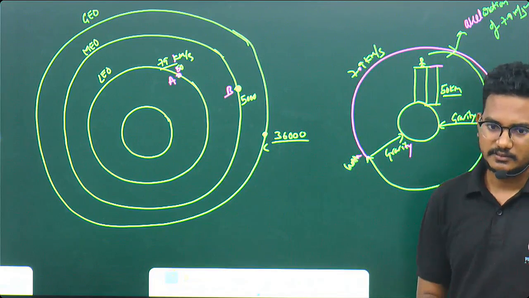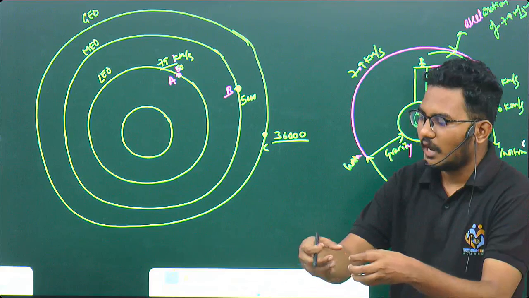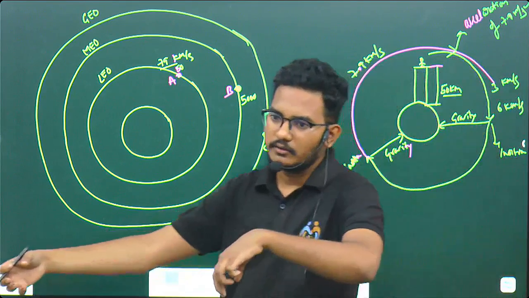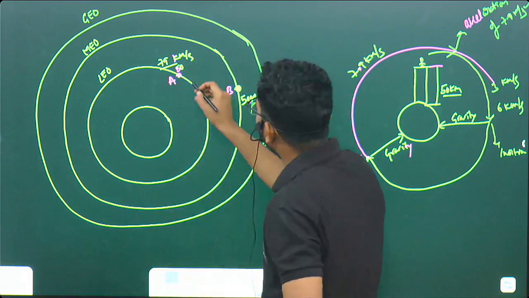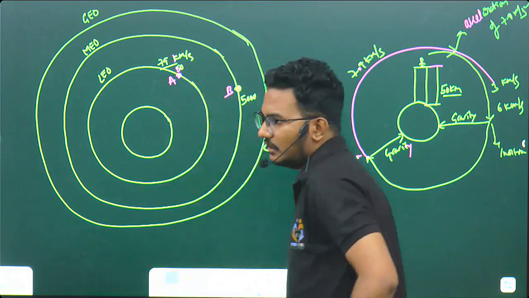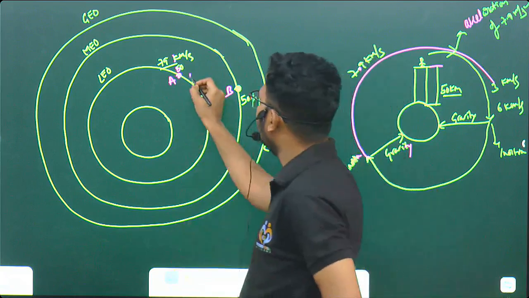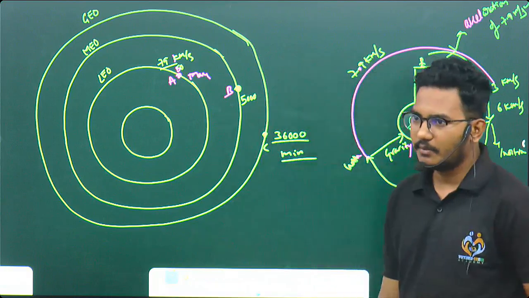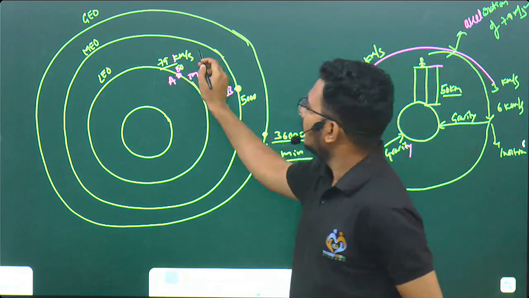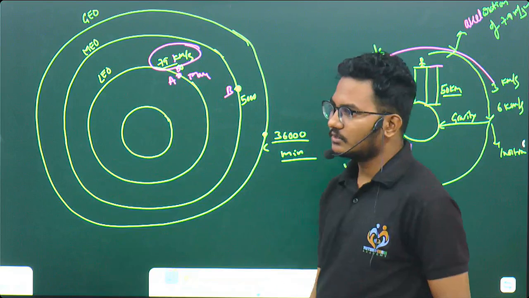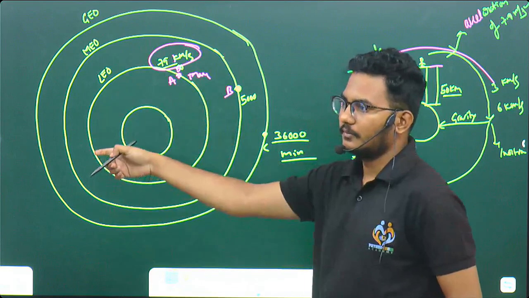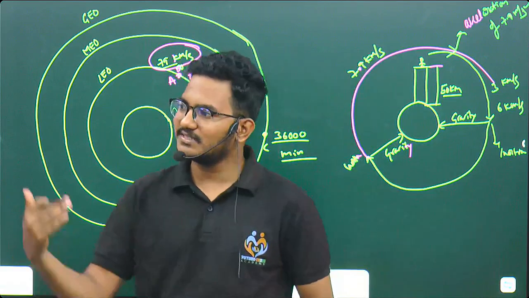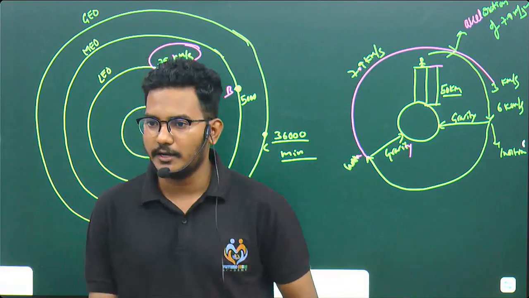Say you are close to a magnet, and another point is far away from the magnet. On which point will the pull be more? The one which is nearer. So here the gravitational pull is maximum and here it is minimum. Here I need 7.9 kilometers per second to rotate in an orbit. Now here, what speed do I need, above 7.9 or below 7.9?